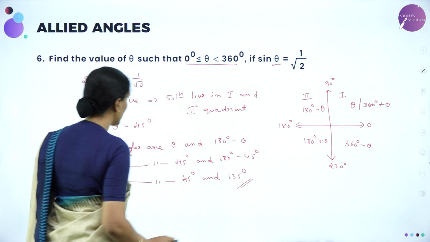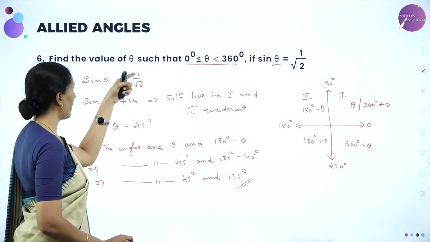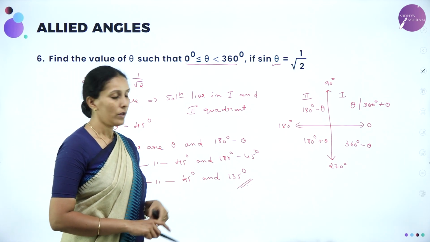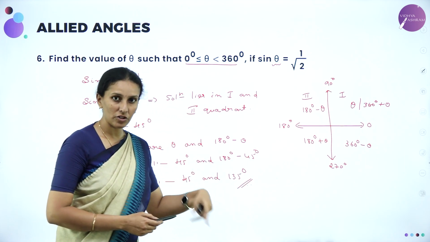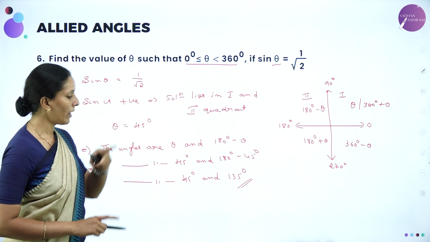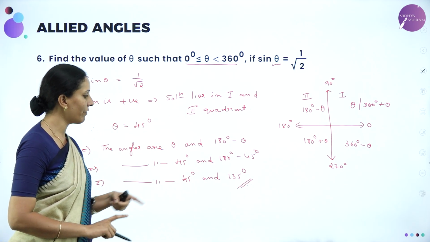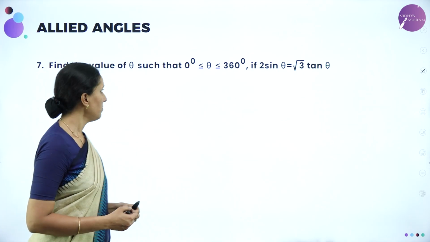So what does it mean? Sine 45 degree is 1 by root 2, and sine 135 degree is also 1 by root 2, because 135 can be expressed as 180 minus 45, which is the same as sine 45. So therefore, sine theta is equal to 1 by root 2 for theta equal to 45 and theta equal to 135. Next question.